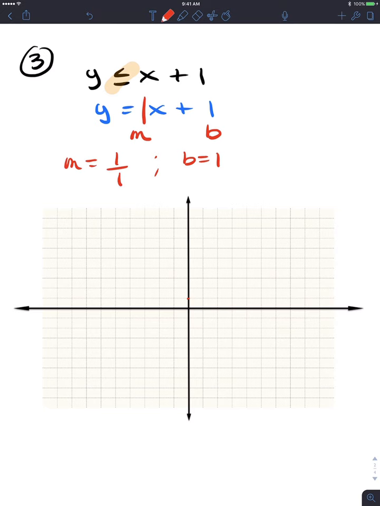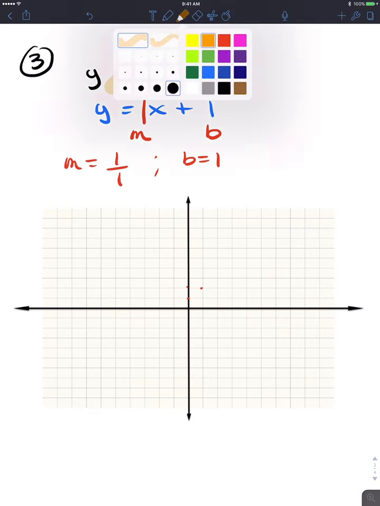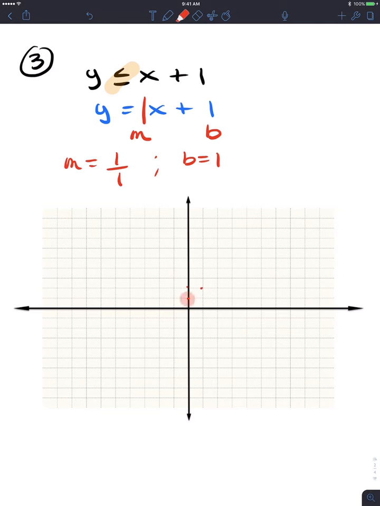Using the slope of 1 means I rise 1 and I go to the right 1. So here are my 2 points. I'll emphasize the 2 points. Y-intercept at 0, 1. I rise 1 and I run 1. Let's draw our solid line. And we draw our solid line through these 2 points.